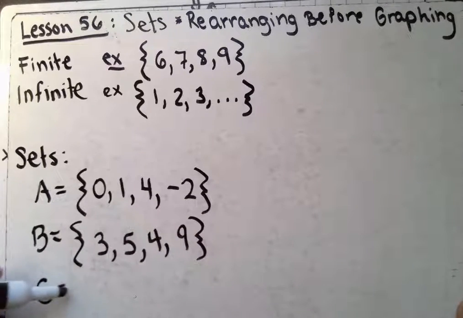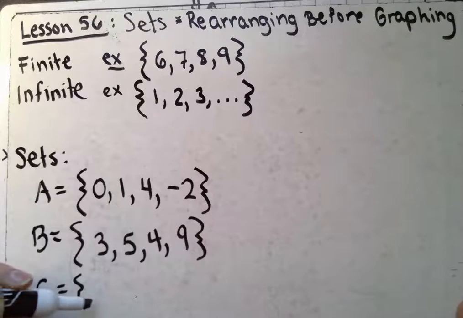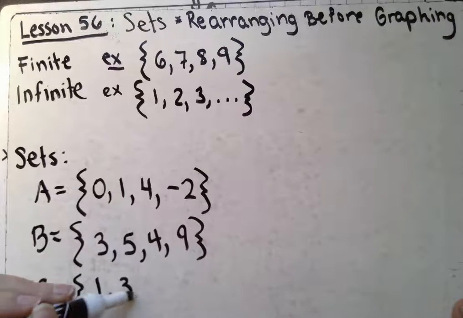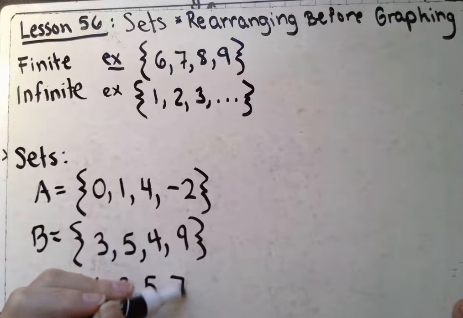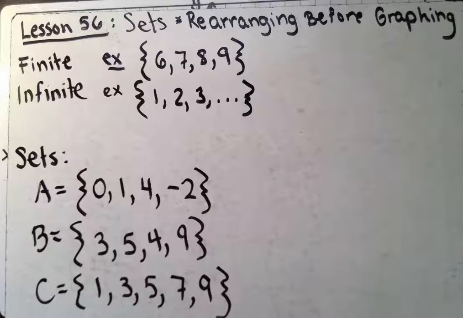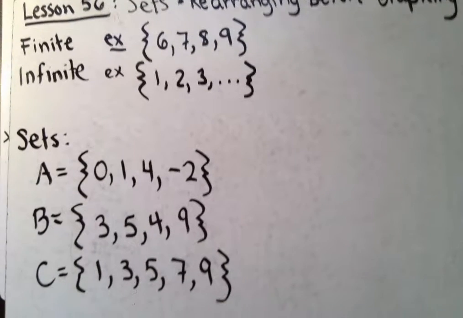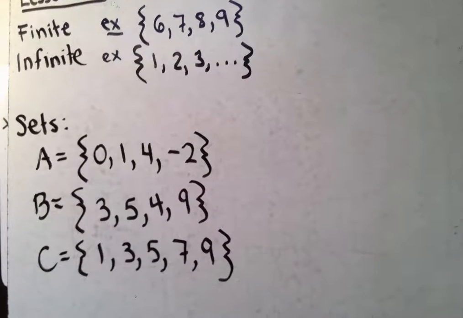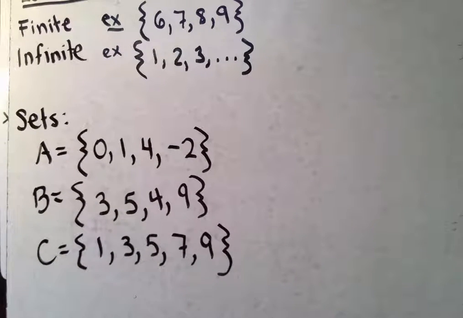And then set C is 1, 3, 5, 7, 9. So I have these three sets, and I could say some statements about these sets.